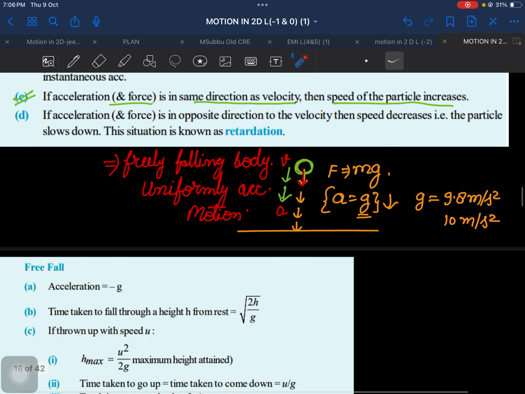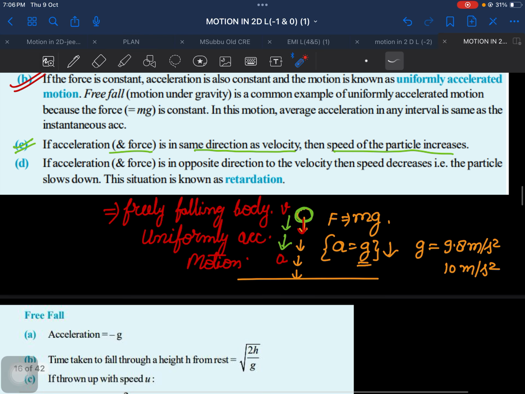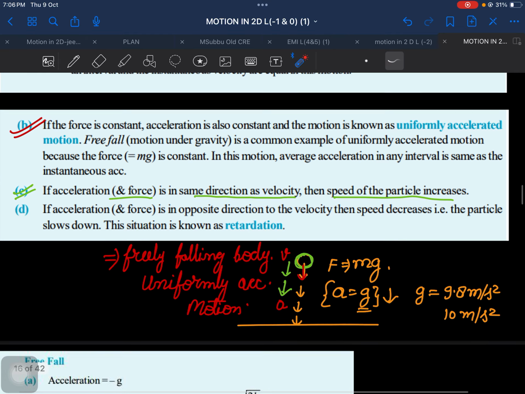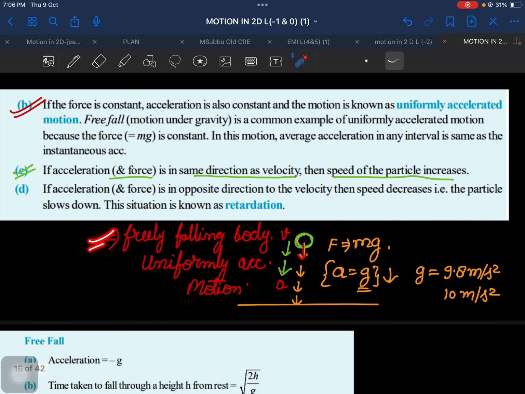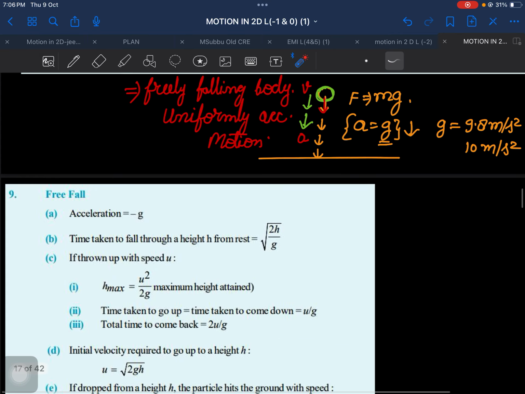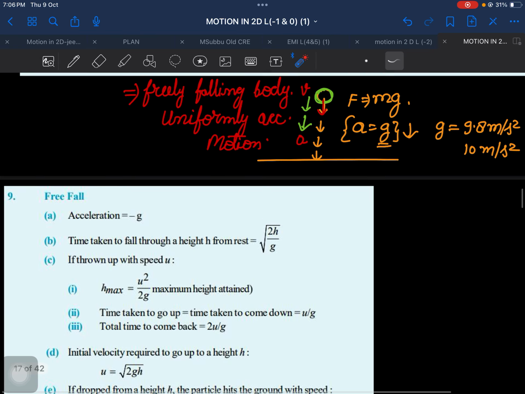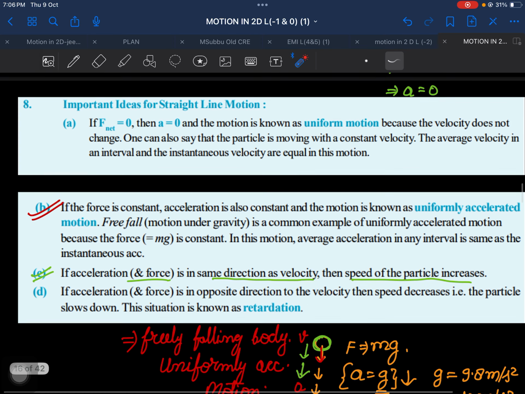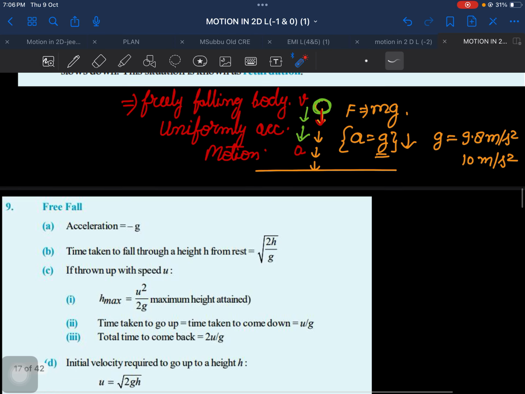So we'll deal with a lot of things, but before moving towards the uniformly accelerated motion, let me tell you 3 questions first. I hope you all have noted down everything. Clear?